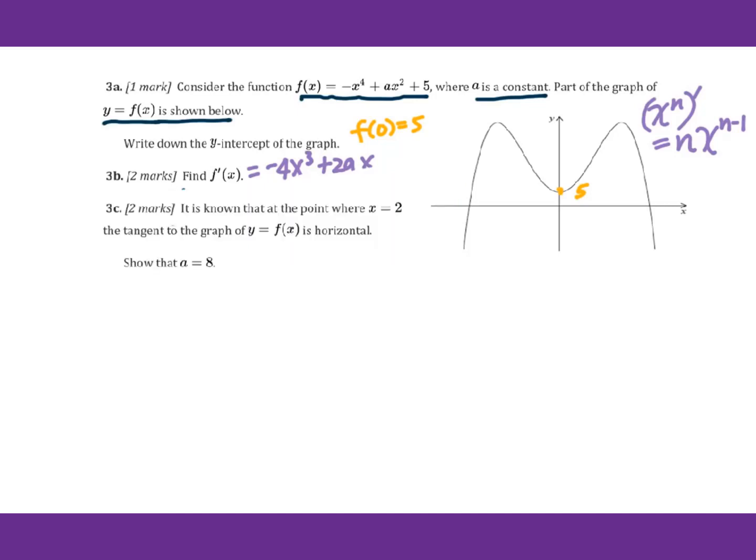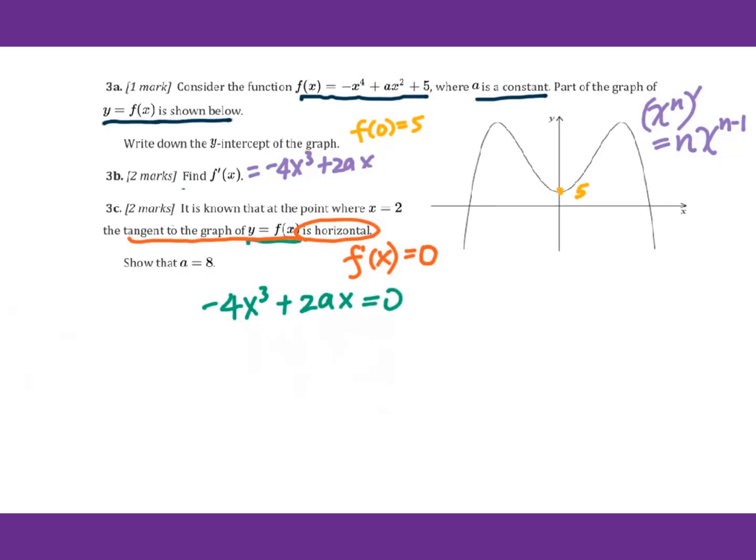For 3c, it's known that at the point where x equals 2, the tangent to the graph of y equals f of x is horizontal. Show that a equals 8. Tangent to the graph is horizontal, which means the derivative of f of x equals 0. So we set up negative 4x third power plus 2ax equals 0.